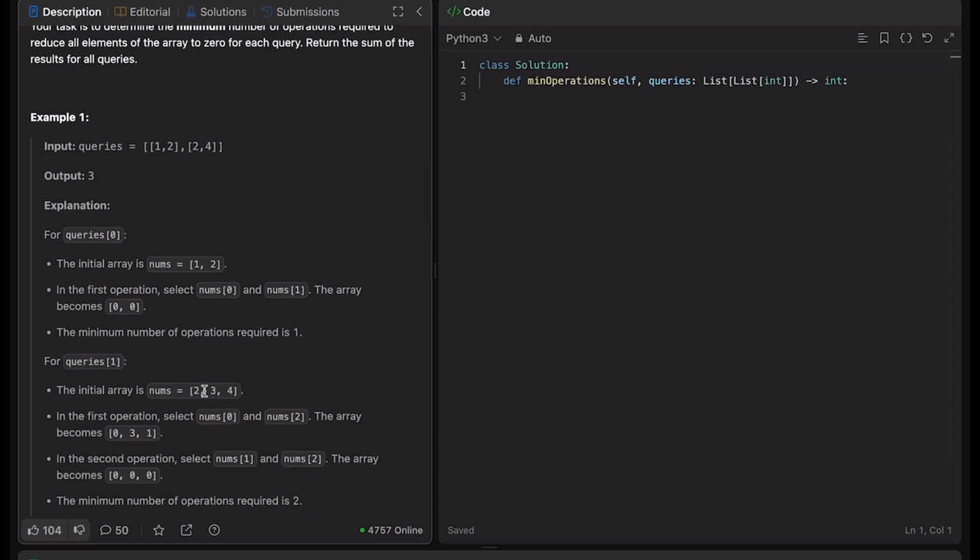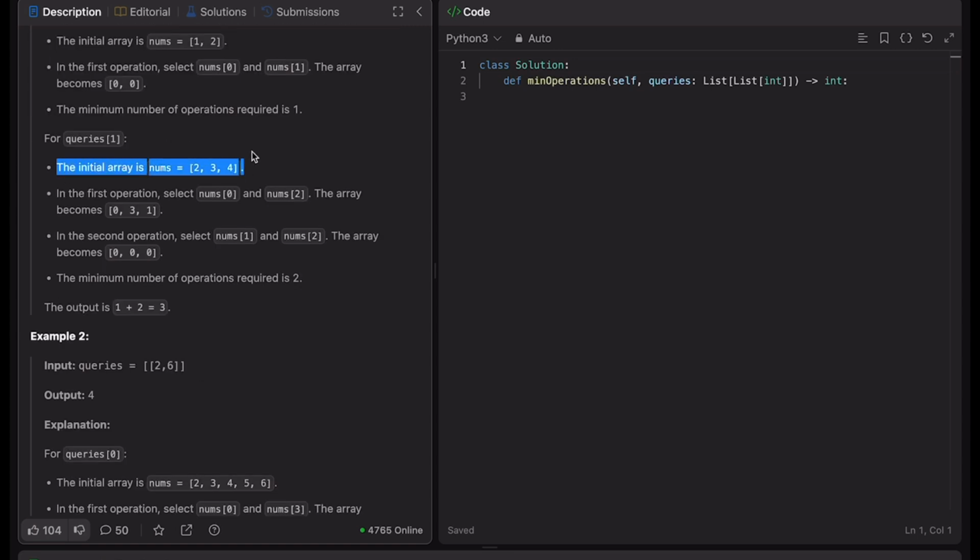If you would have taken, for example in this example itself, this 2 first, then 2 by 4 becomes 0. Now here it will be 4. So with 4 you would have done one more operation, it will become 1, and the next operation only it would have become 0.